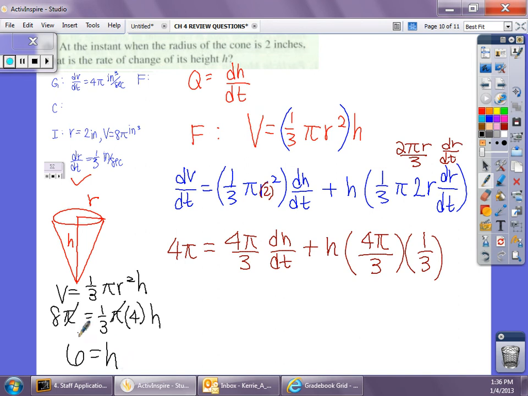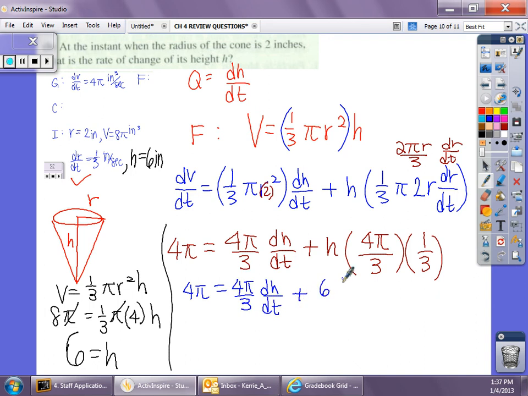So what did I figure out? I figured out not that the height is always 6 inches. I found that at the instant, I can add on that the height is 6 inches. I didn't necessarily know that I was going to need that, but now I figured out that I did. So we get 4 pi is equal to 4 pi over 3 dH/dt plus 6 times 4 pi over 9, 2, 3.